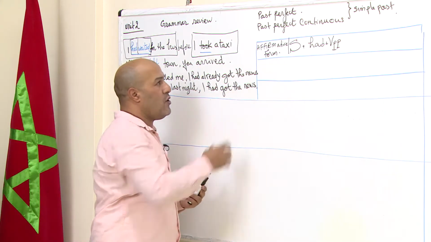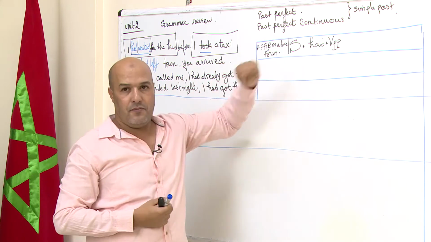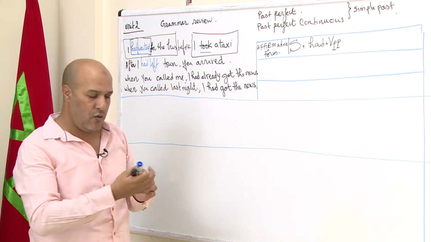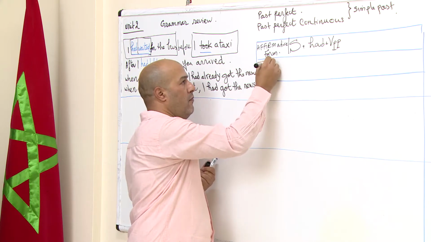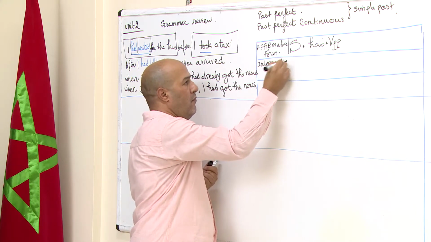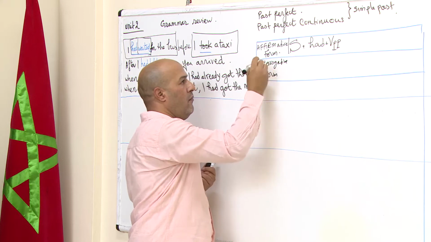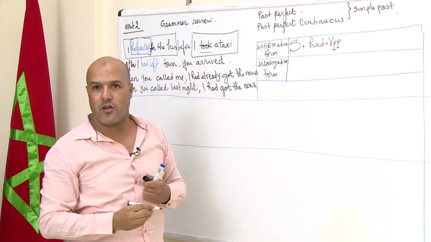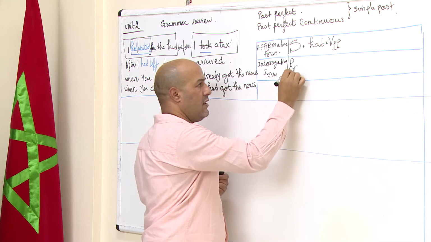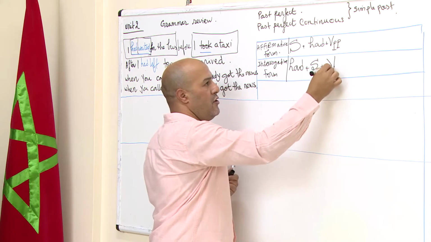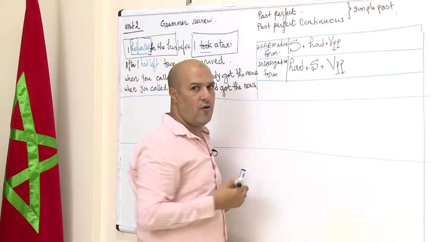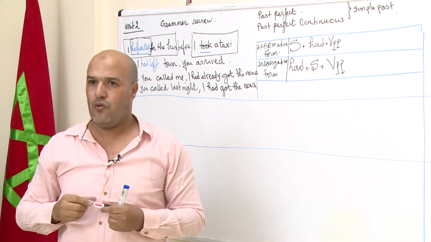So if you want to ask a question in the past perfect, and that will be the interrogative form, all you have to do is to start with the auxiliary had, then your subject, then you keep the verb on the third form or past participle form.